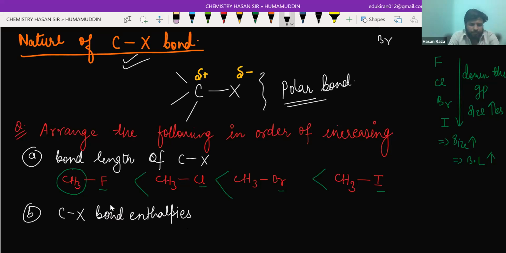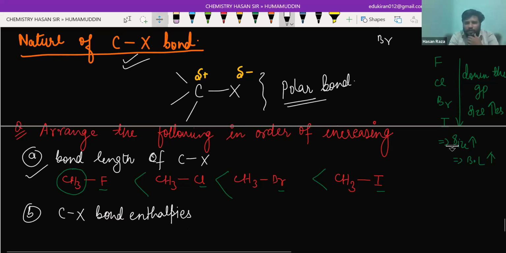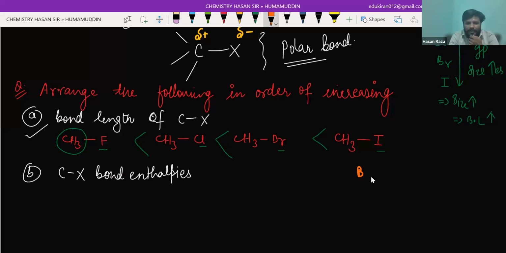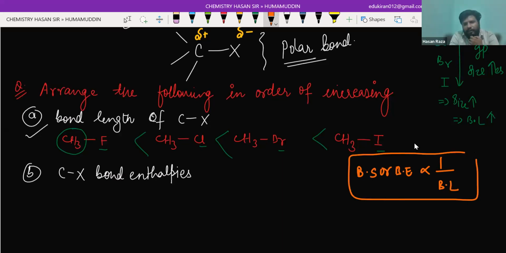Are you done with this? See, the next concept you have studied in chemical bonding: bond strength or bond enthalpy is inversely proportional to bond length. The compound with the longest bond length can be easily broken. Are you getting my point, Austin and Humamuddin? Yes.